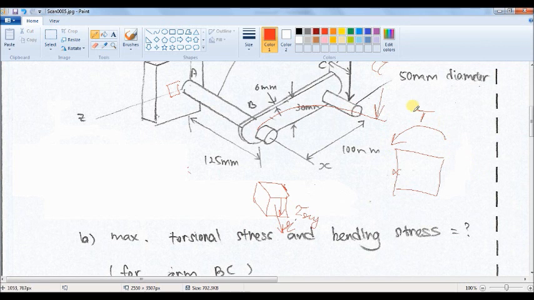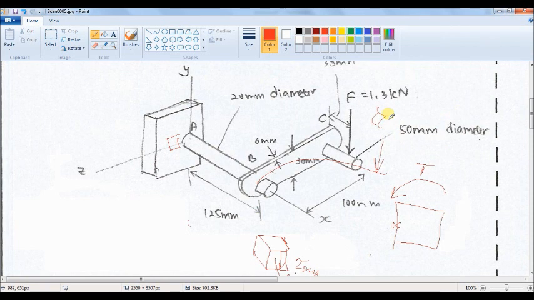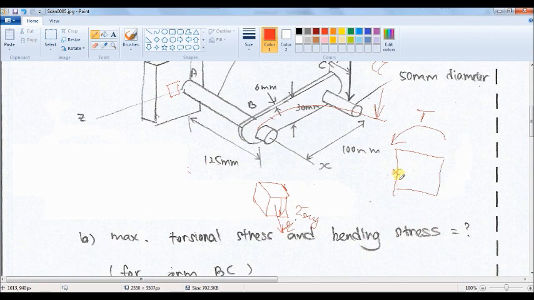So the torque from this point of view will be counterclockwise, and as I mentioned earlier, the maximum torsional shear stress is in this location, plus the shear stress due to the bending.